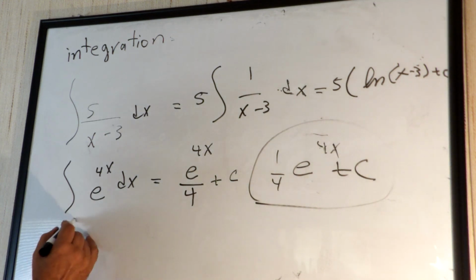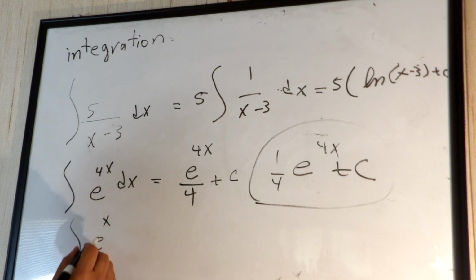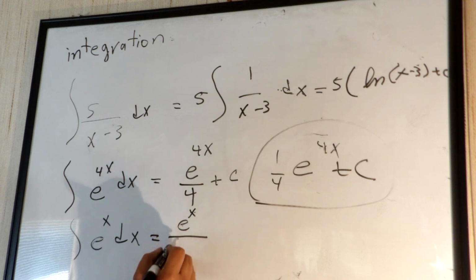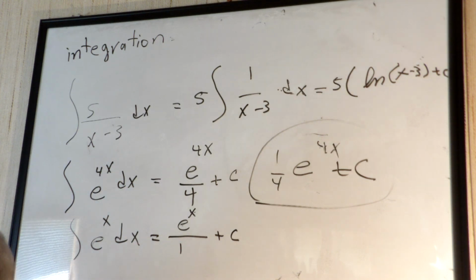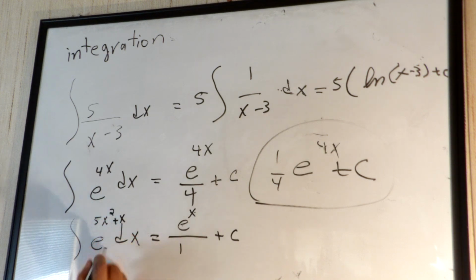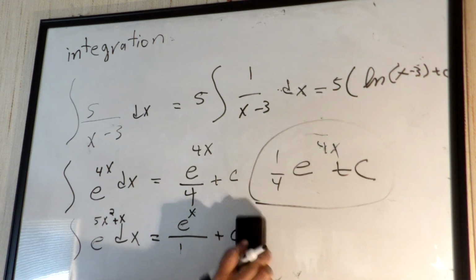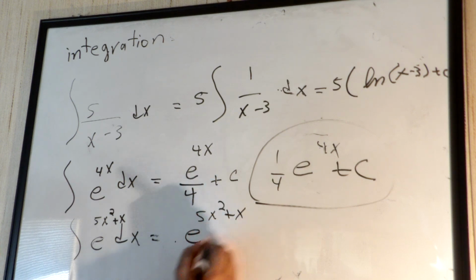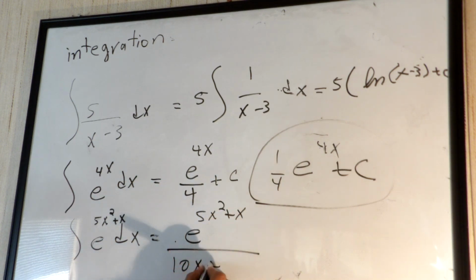So as we said, if you just have e to the power of x dx, you write e to the power of x and the derivative of the exponent goes at the bottom; the derivative of x is 1. But whatever the exponent is, say 5x^2 plus x, what are we going to do? We write e to the power of 5x^2 plus x divided by the derivative of the exponent, 10x plus 1.